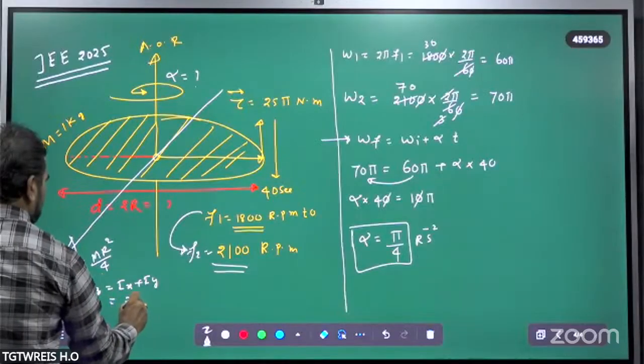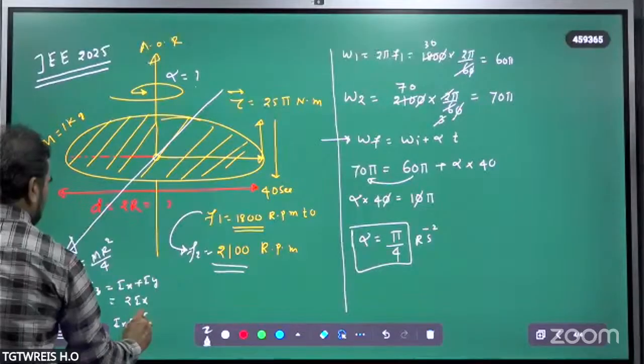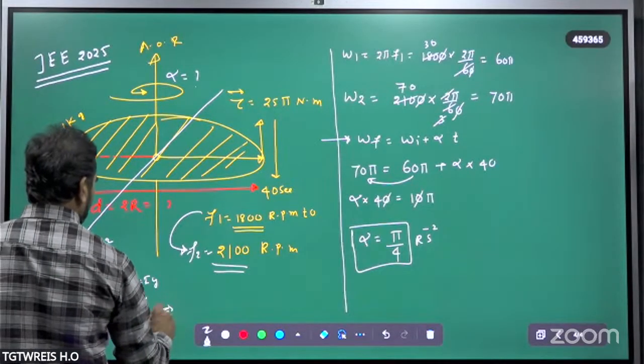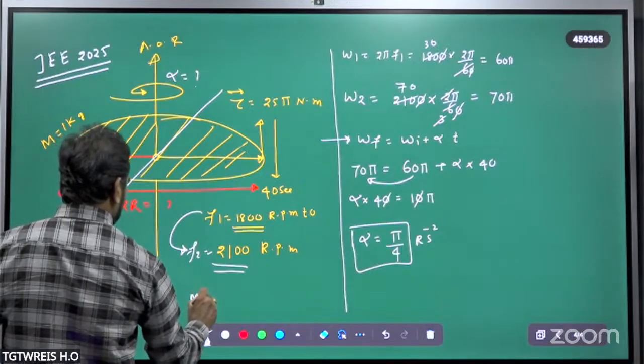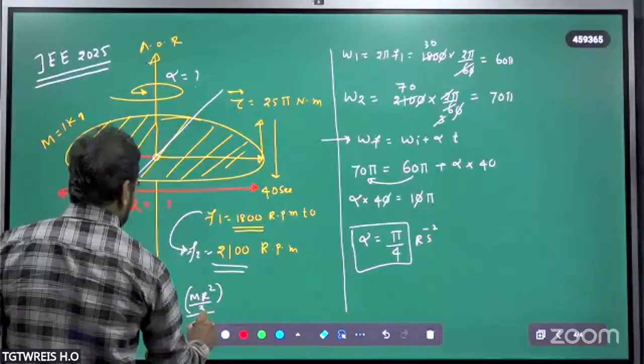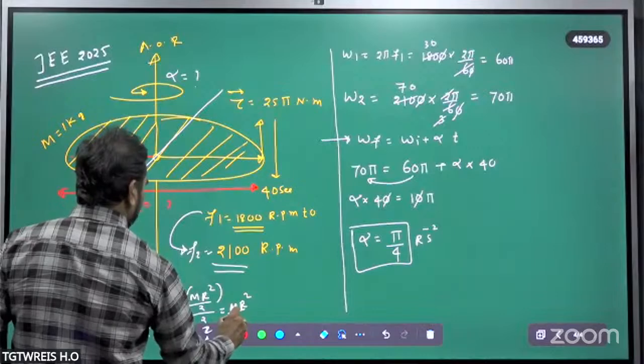That is 2Ix is equal to Iz. Ix is equal to Iz by 2, and Iz is mr square by 2, so the whole divided by 2 gives m r square by 4.